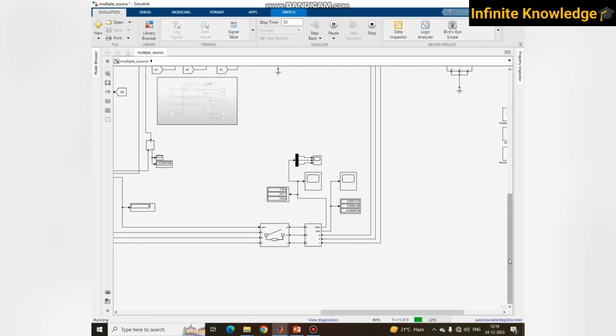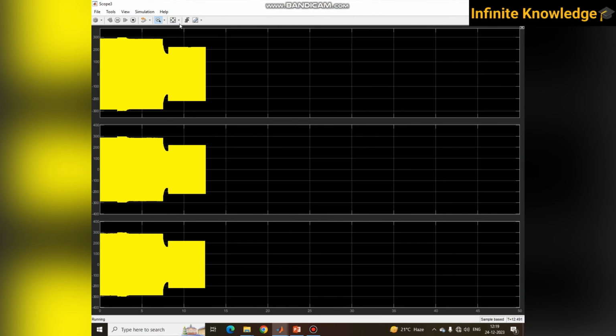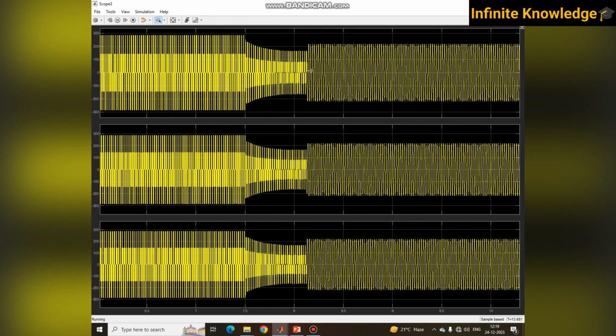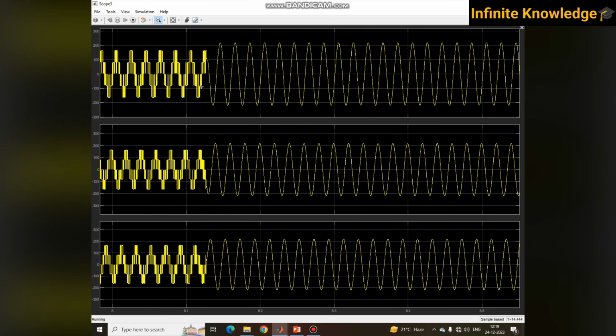You don't have wind, you don't have solar. So what is remaining? You just have the grid. So you can see it finally switches over to grid. Yes, there is some voltage variation, due to the battery being discharged. You can see it changes over to grid.